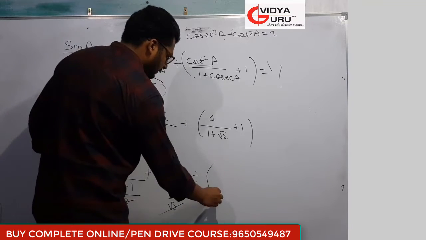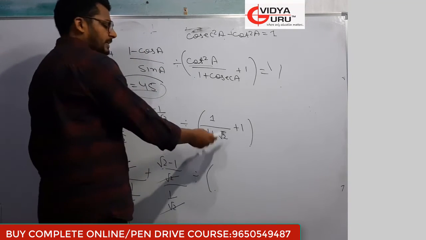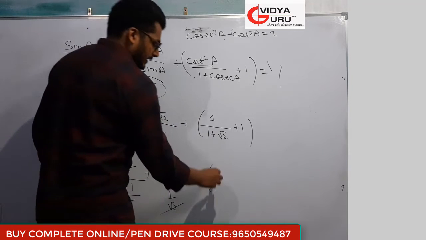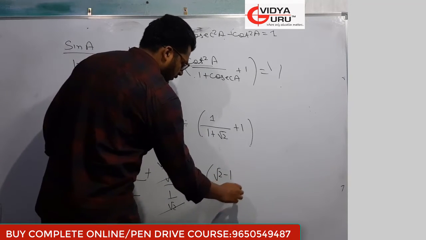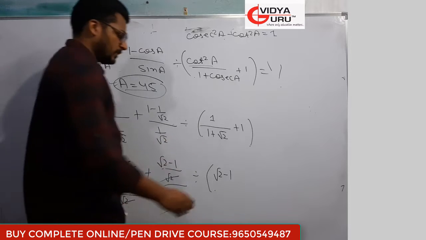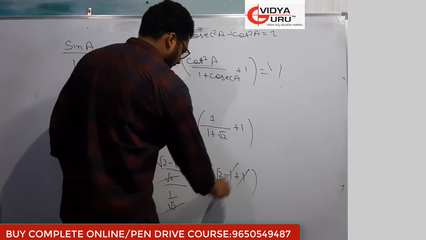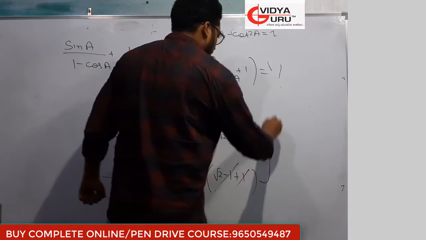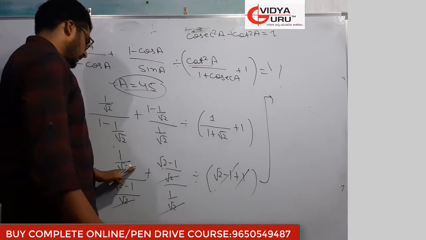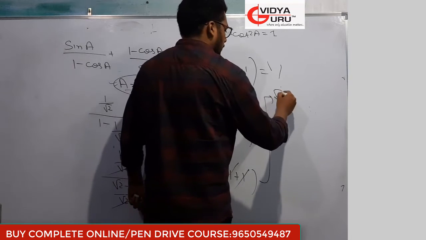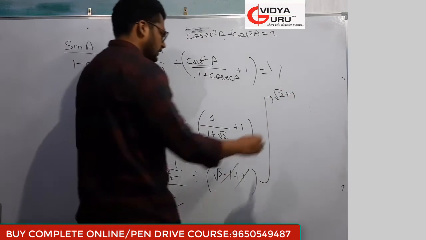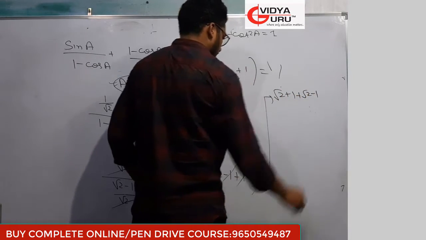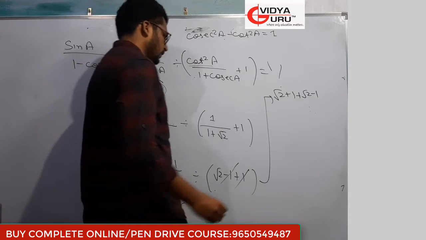Same way here, if I rationalize it, it will become in numerator root 2 minus 1, and plus 1. This will be cancelled out. Same way if I rationalize here in the numerator, it will come root 2 plus 1. This is root 2 minus 1, and this is divided by root 2.